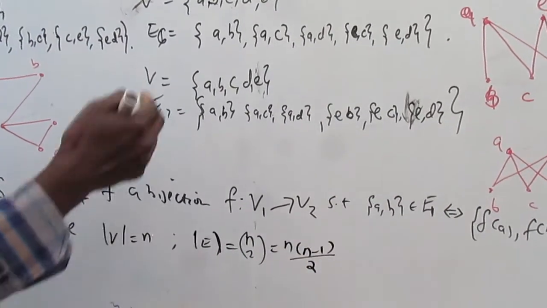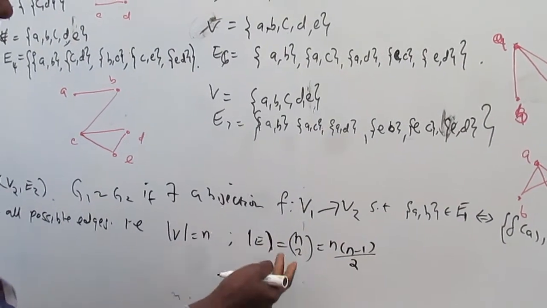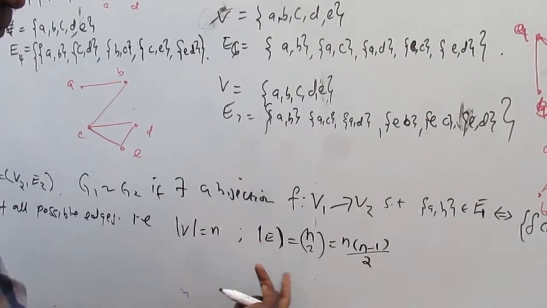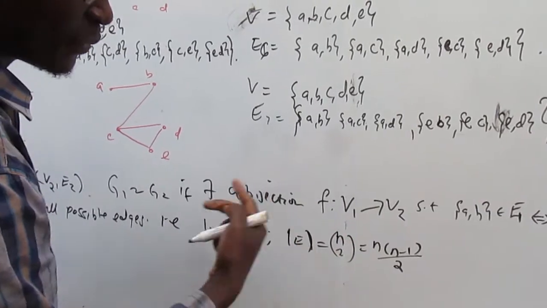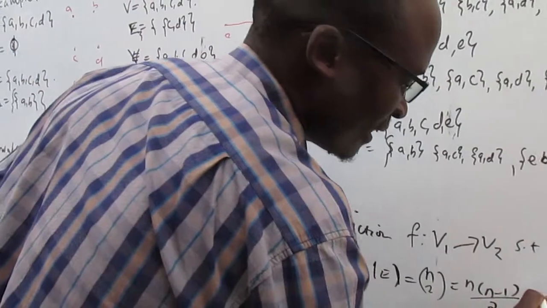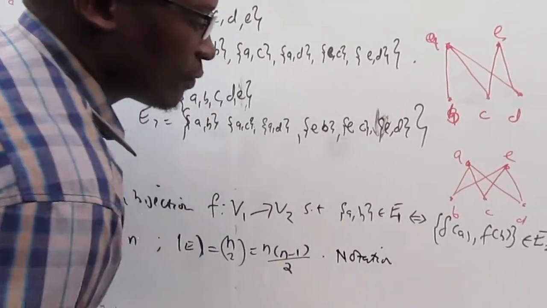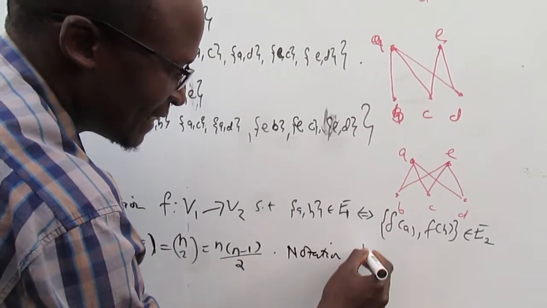In other words, between every pair of vertices, so we take all the vertices and we pair them. So we take two at a time, and so we end up with n choose 2 number of edges. So the notation for a complete graph with n vertices is Kn.